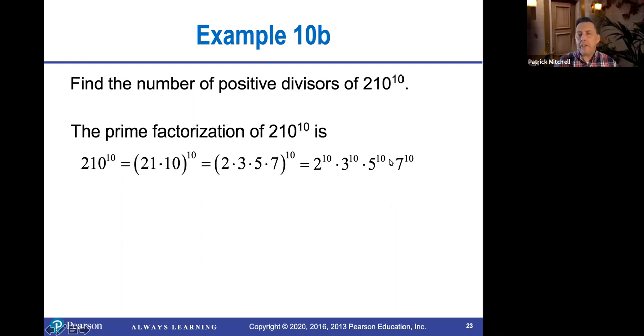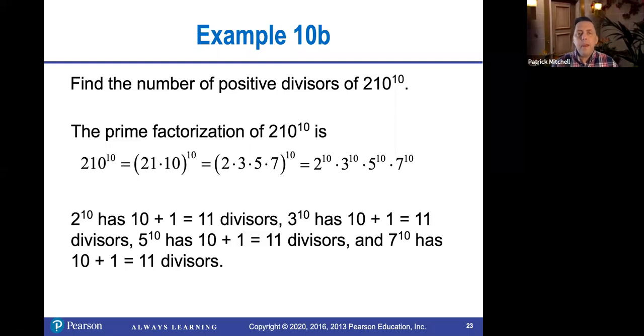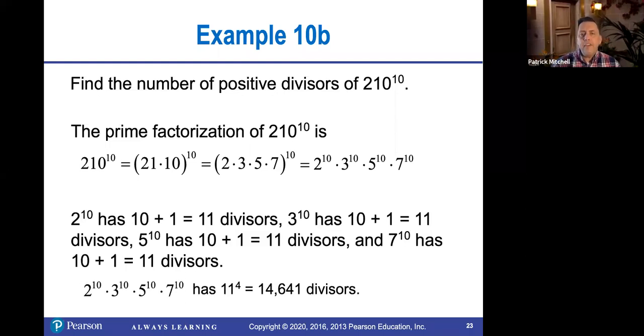Add 1 to each of those exponents, 11, 11, 11, 11. And when you multiply 11 times 11 times 11 times 11, you get 14,641. This number, 210 to the power 10, has 14,641 divisors.